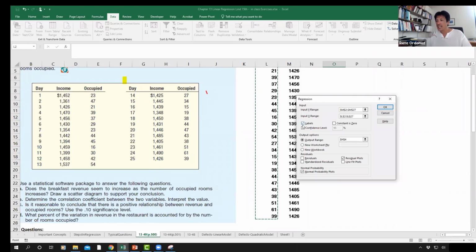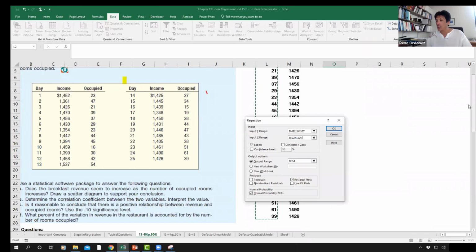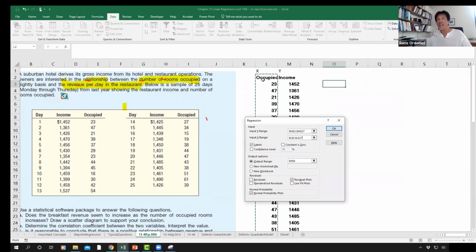Make sure you select this option here, especially when you include the column labels, which I did in my case. Output, where do you want the output to start? So I'm going to change this from H4. I'm going to put the output in O3.